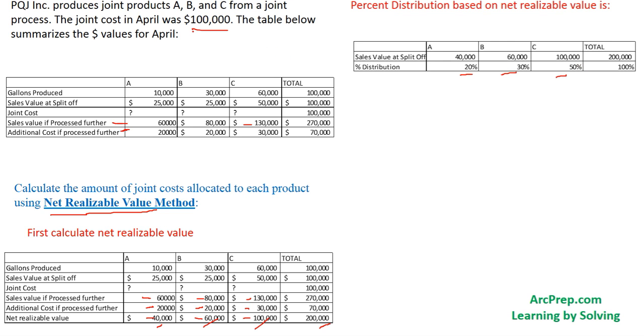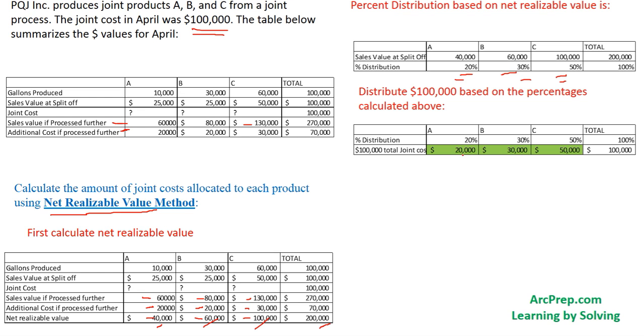Now I need to distribute this $100,000 based on 20, 30, and 50%. Now the cost that is hitting A is 20,000, for B is 30,000, and for C it is 50,000.